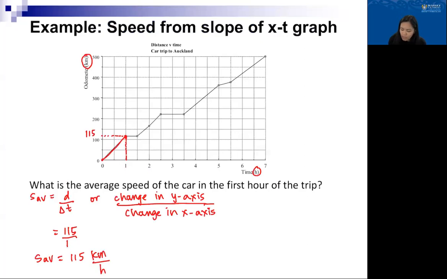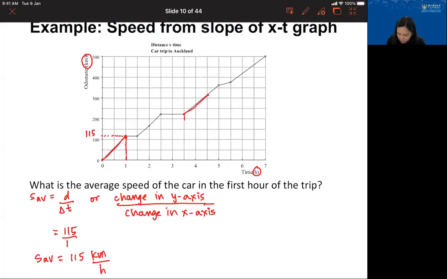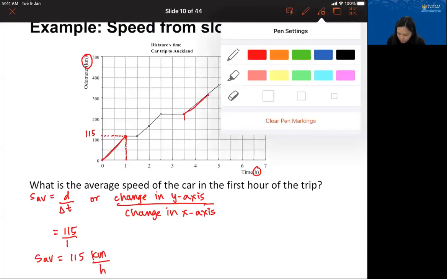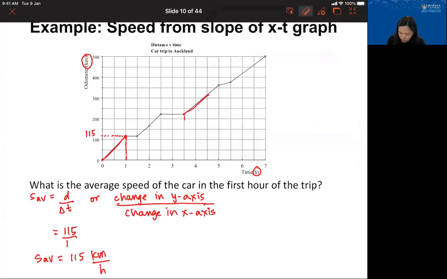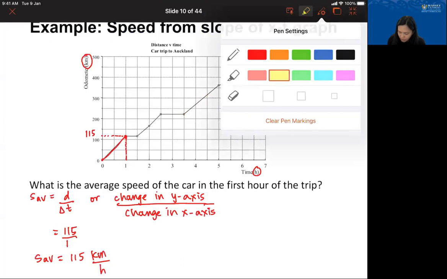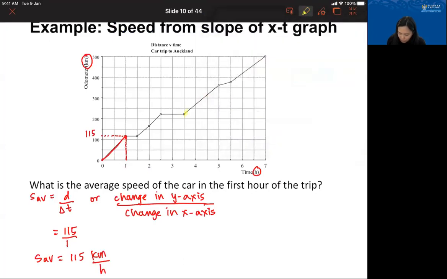Right. So what's different now between this portion of the graph and this portion? Let's look at this portion of the graph and compare that with this portion there.